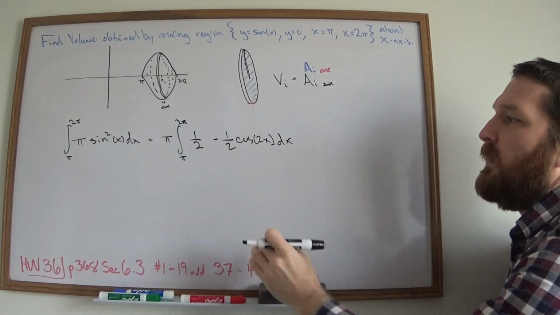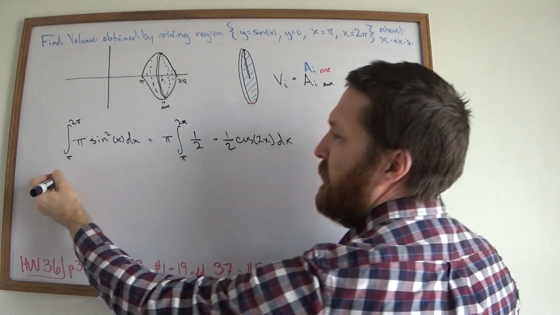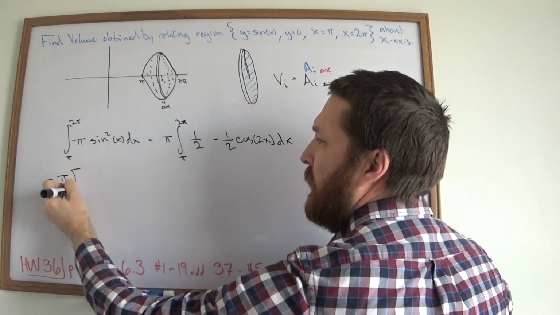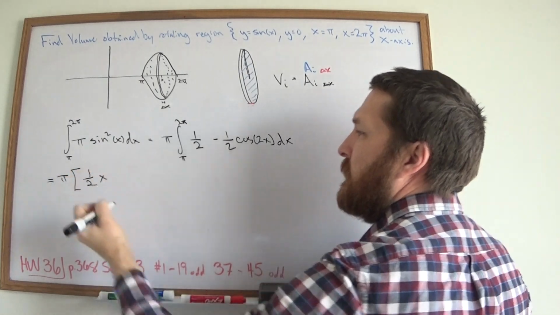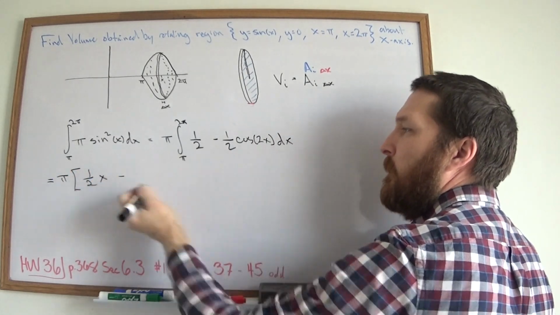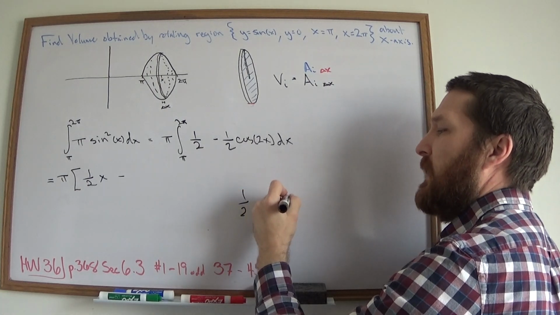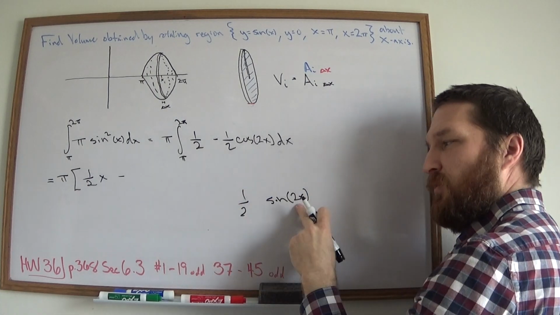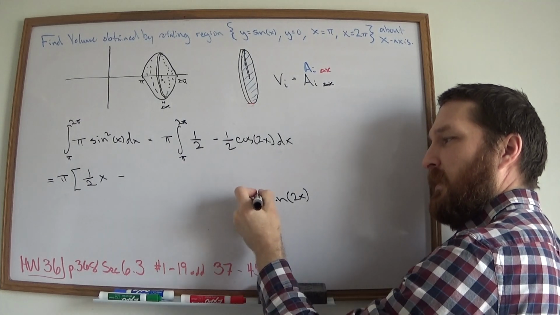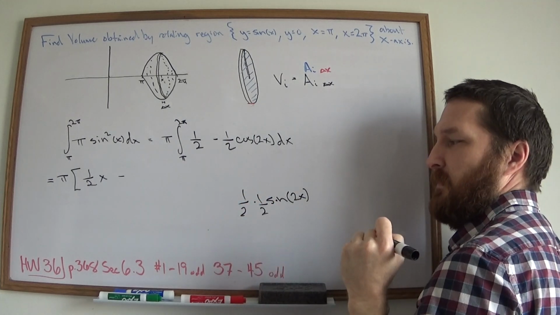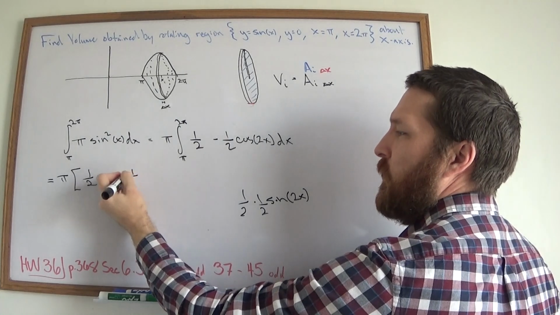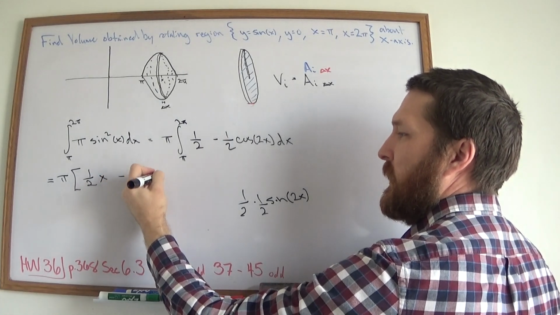Okay, so what's the antiderivative of this? So we have pi times 1/2 x minus 1/2 sine. That would be 1/2 sine 2x, but there's a 2 that would get multiplied, so it would have to come down. And we should get 1/4 sine 2x.